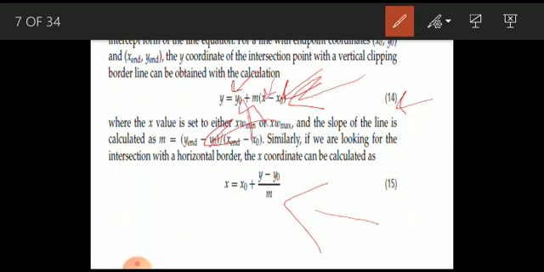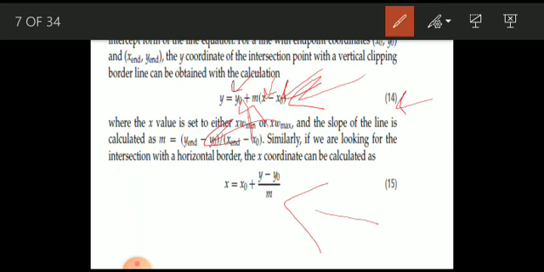So what it says, the x value is either xwmin or xwmax, that is the minimum value of x for the clipping window and the maximum value of x for the clipping window. It can only have two values based on what kind of clipping you're trying to obtain or what kind of an intersection point you are supposed to find out.